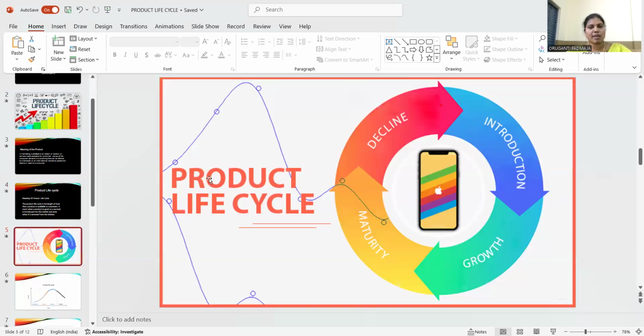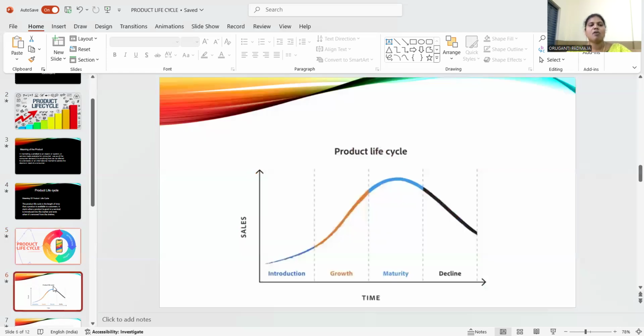This is a product life cycle. The product life cycle has four stages. In the diagram, the x-axis is taken as time and the y-axis is taken as sales.